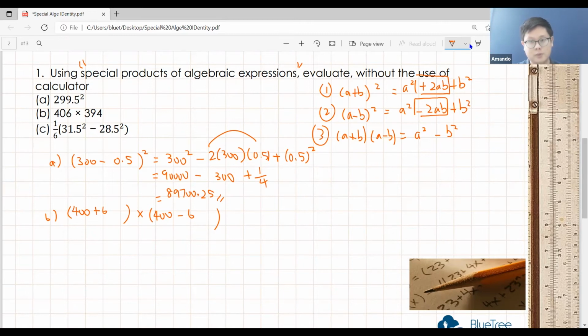Agree? Yeah. So my A is represented by 400, and if I expand it out, not using the rainbow method because it's slower, not efficient, and more steps and more calculations also mean a higher chance of making careless mistakes, right? So we're just going to have the overall expanded answer, which is 400 squared minus 6 squared, and that will be... Again, we're not supposed to use a calculator, so let's work it out in separate steps.